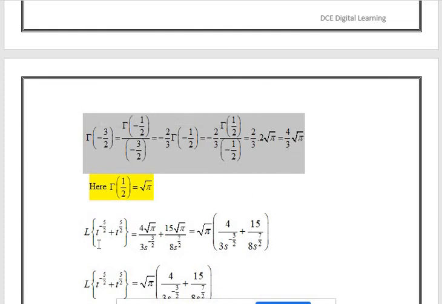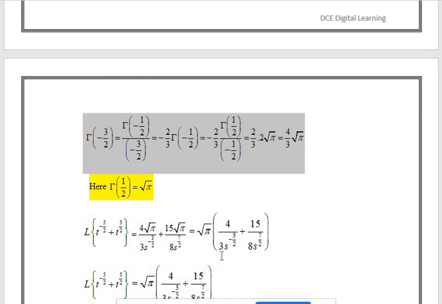Now let us take the Laplace transformation of t to the power of minus 5 by 2 plus t to the power of 5 by 2 and substitute the values. Then we get 4 root pi by 3s to the power of minus 3 by 2 plus 15 root pi by 8s to the power of 7 by 2. Remove root pi outside.